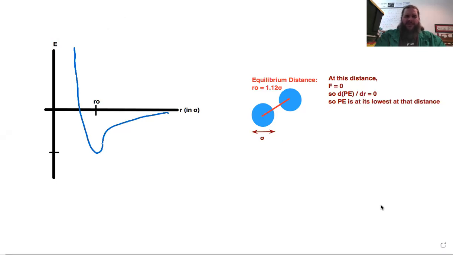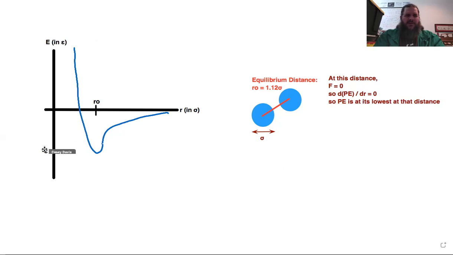It is positive, but the value here is negative, so we'll call this negative epsilon.